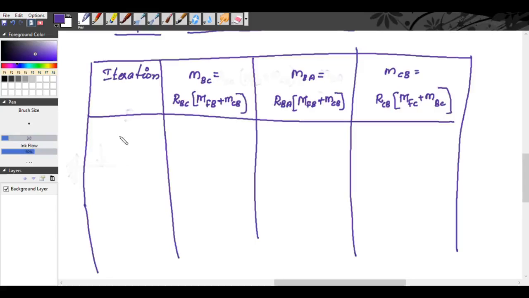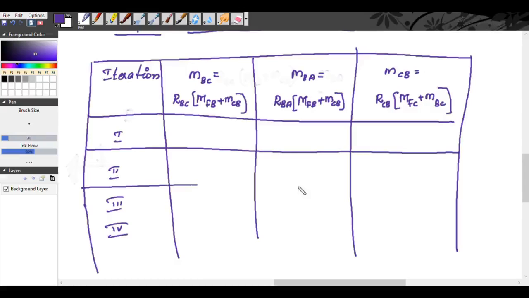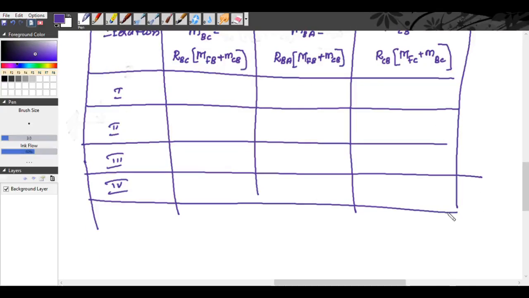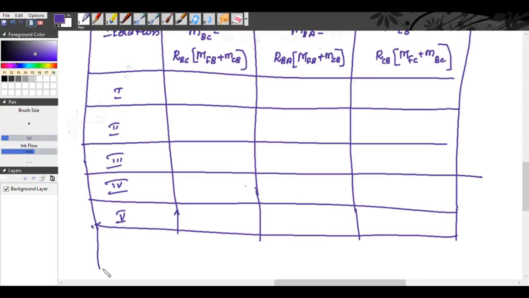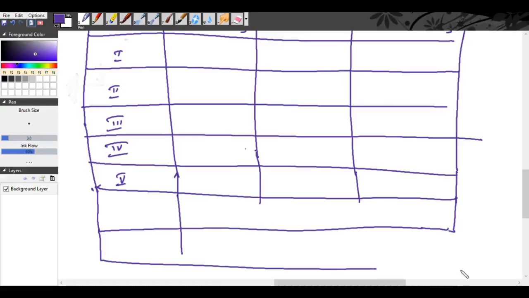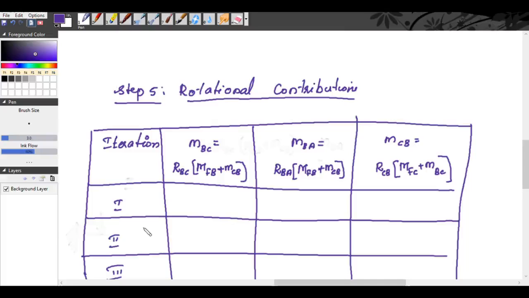So we will go for the iterations 1, 2, 3, 4, 5, 6 and 7. For the first iteration, what is RBC?